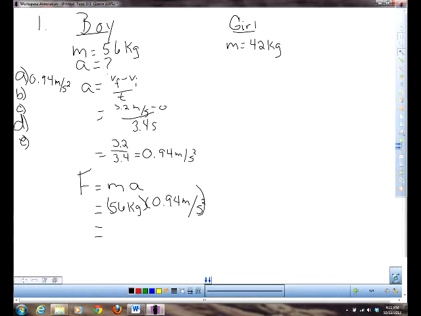In the calculator, when you multiply those two together, it comes out to be 52.64. We keep 2 significant digits, so we're going to say it's 53 newtons. Okay.